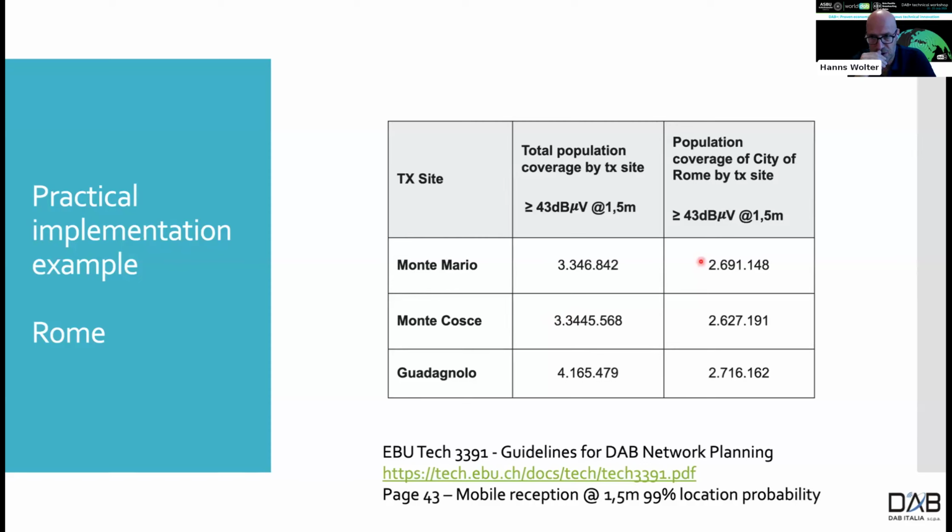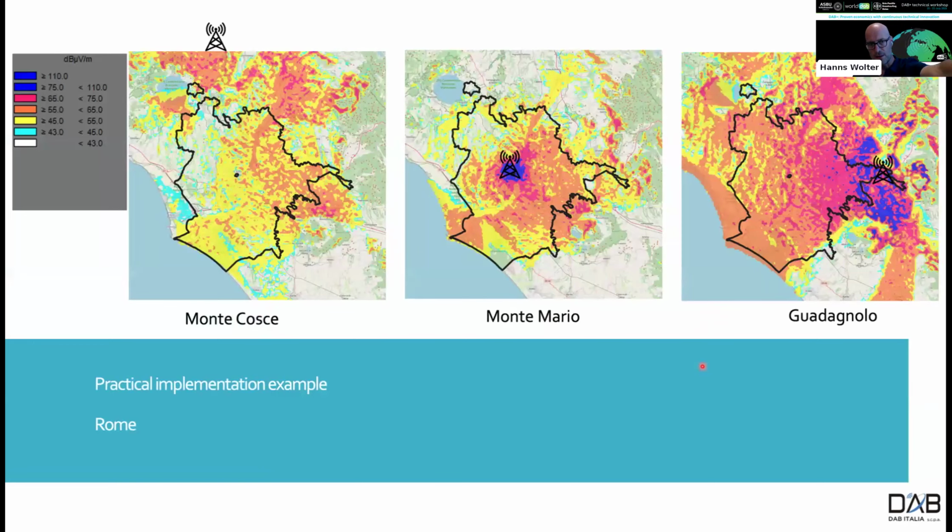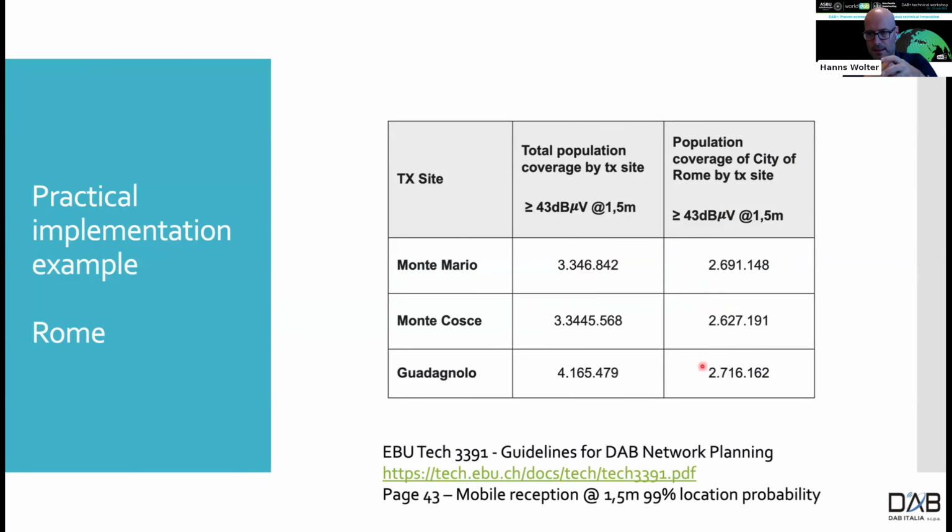In the city of Rome, for the urban area of Rome, this means that these two transmitters will cover about 2.6, 2.7 million people each. Because of course, as you can see in the slide before, the coverage areas also extend outside of the area of Rome. But in Rome, all three cover most of the population, at least for mobile coverage, of course.